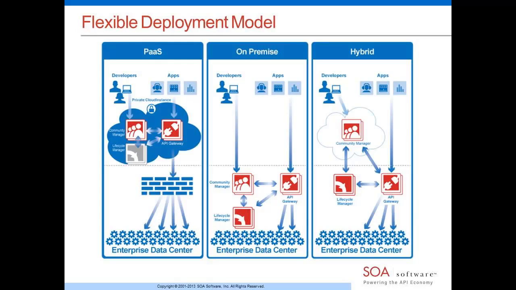Or a pure on-premise case where everything is residing in your environment and you're pushing out to the external world. Or what's becoming increasingly popular is a hybrid model where you're using Lifecycle Manager and the gateway as part of your enterprise solution, but certain APIs are exposed via the gateway out to the external world and provisioned into Community Manager from a portal standpoint.